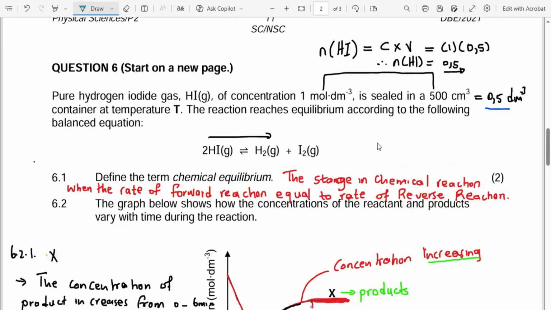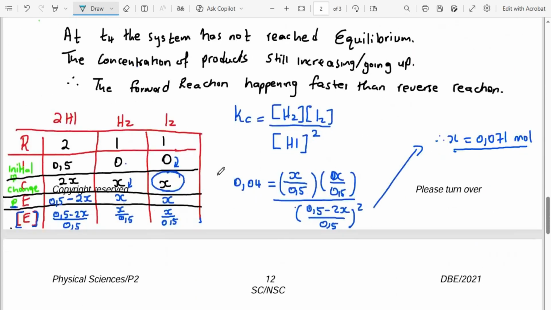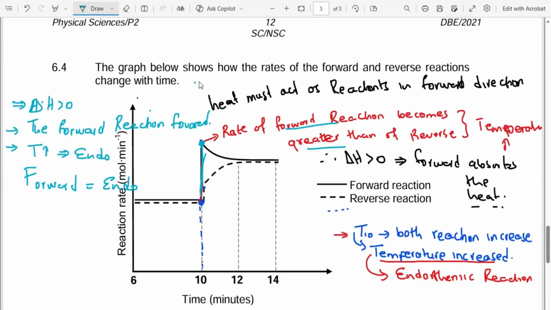For example, if I give you something like this, delta H is greater than 0, this tells you that the forward is endothermic. So that's how we got the answer. This is the simplest way to explain this, okay? So delta H is greater than 0 because the forward reaction is favored and increasing temperature favors endothermic. Therefore, we can conclude that the forward reaction is endothermic.